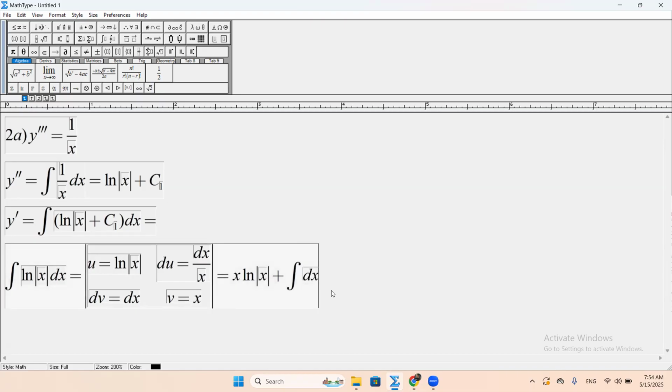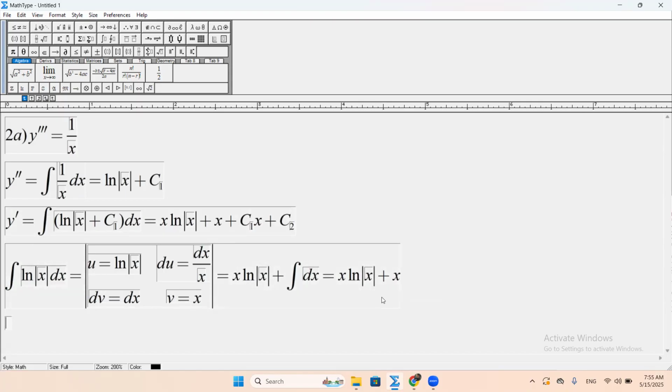So we have x logarithm of module x plus x. And the answer will be, the y prime will be equal x logarithm of module x plus c1x plus c2.